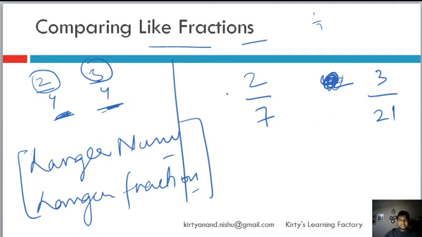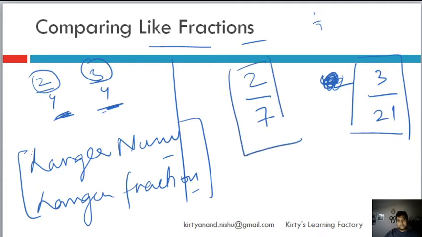So whenever we get fractions like this, first we have to see whether or not both the fractions are in their simplest forms. Here this one is in its simplest form, but is this one in its simplest form? No, this is not in its simplest form. So then what should we do? We should bring it to its simplest form to see if they are like fractions or not.